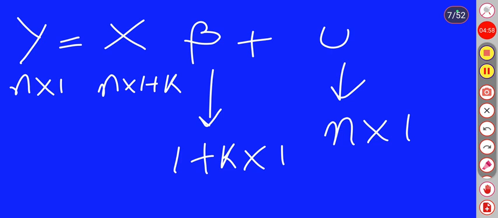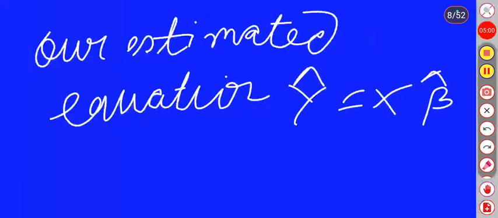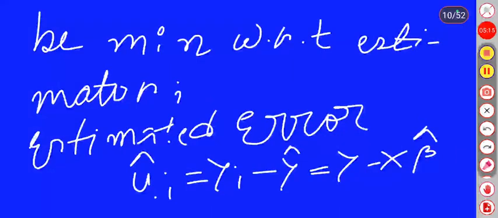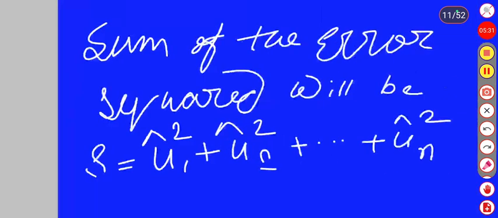Our estimated equation is y hat equal to x beta hat, and in the least squares method, that is OLS, CLS, LS, the sum of the estimated squared errors must be minimum with respect to beta hat. The estimated error is ui hat is equal to yi minus y hat, which is equal to yi minus x beta hat, because we know that y hat is equal to x beta hat.